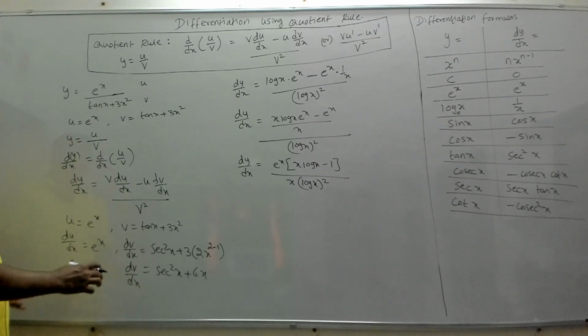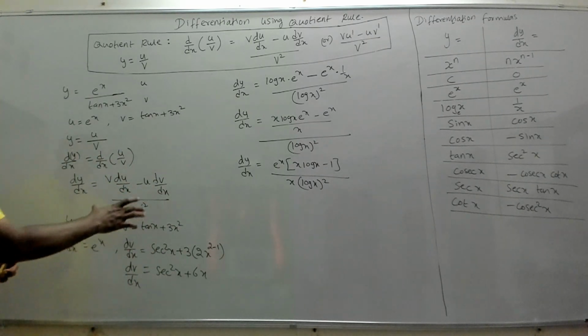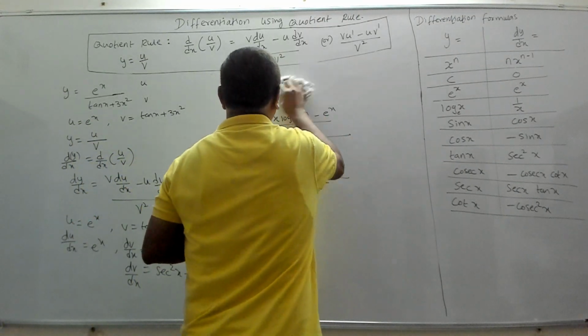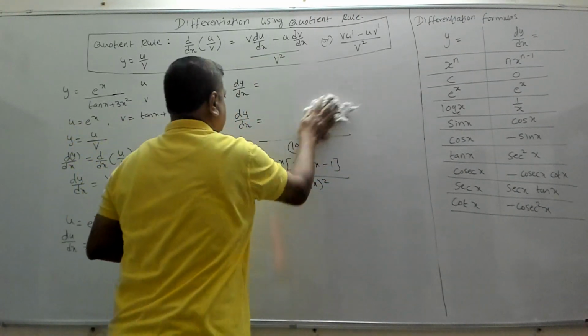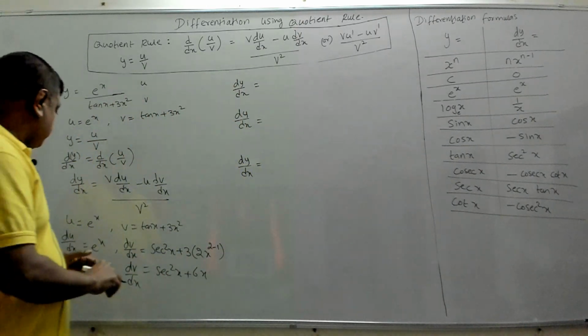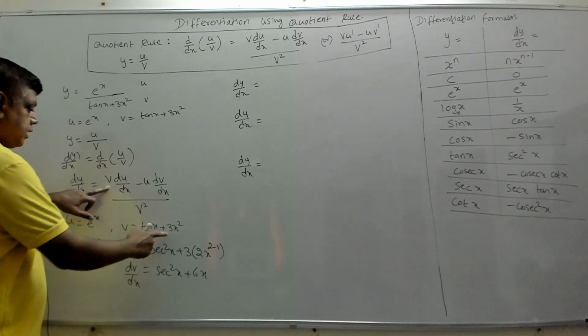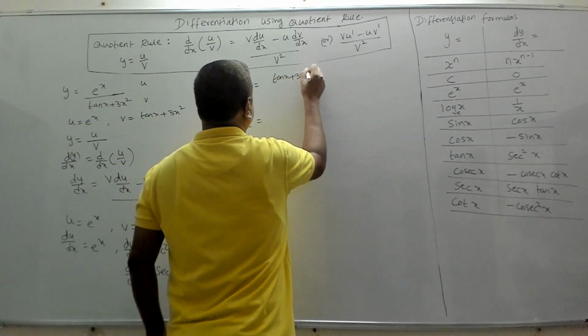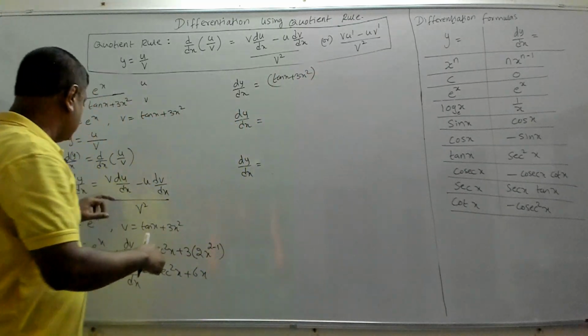Now let's substitute all of them in the formula, in the quotient rule. What do we get? If you substitute this, v is tan x plus 3x square. So tan x plus 3x square, that is v, into du by dx.